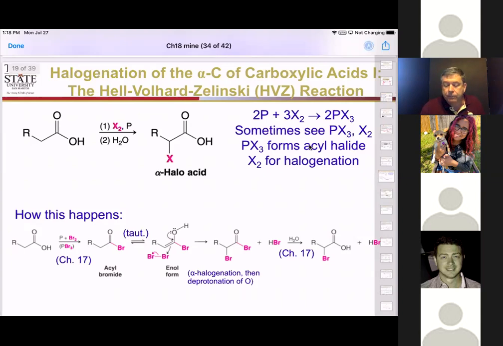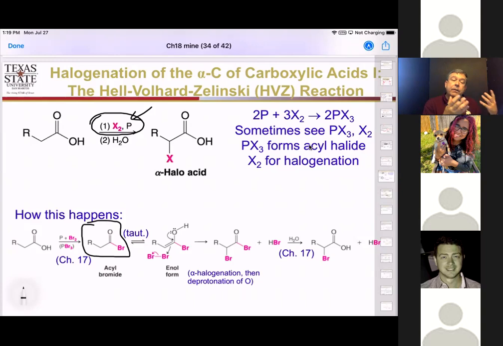Okay. So the reagents in this particular one are, you use the halogen right here, and then you use phosphorus right here. That's phosphorus elemental, not any kind of complex. And so the first thing that's going to happen is we're going to be generating our acid halide in situ, okay? Remember, we generated acid halides in the last chapter, and we typically used a phosphorus compound like phosphorus trichloride or thionyl chloride.